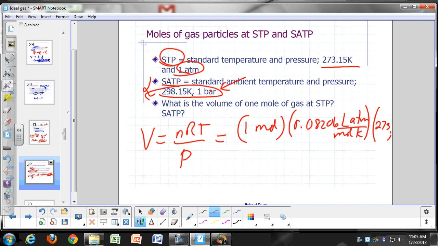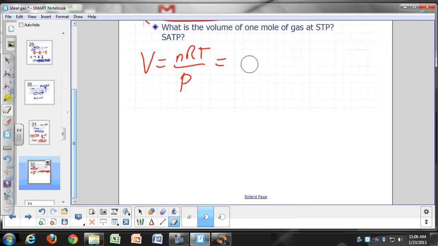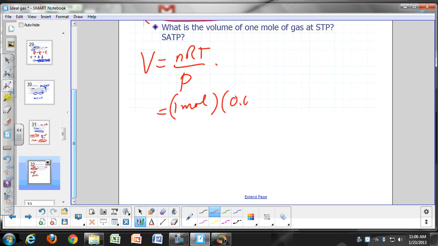Okay. I need more room here. Let me do it down here. So 1 mole times R is 0.08206 liters times atmosphere per mole per Kelvin.